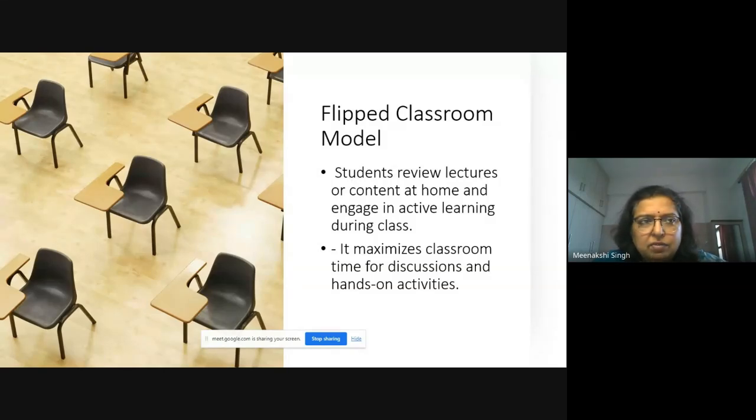So I asked them to watch the Khan Academy videos on the chi-square test. First about the shape of the chi-square, and then four videos in fact. They were just 5 to 6 minute videos, so about half an hour to 1 hour a student would have required. And then I said, we will discuss this in class.